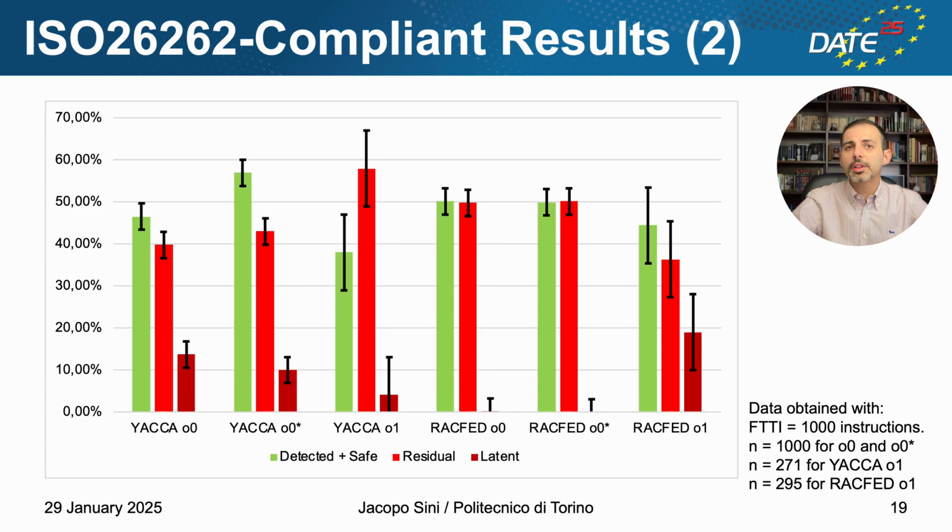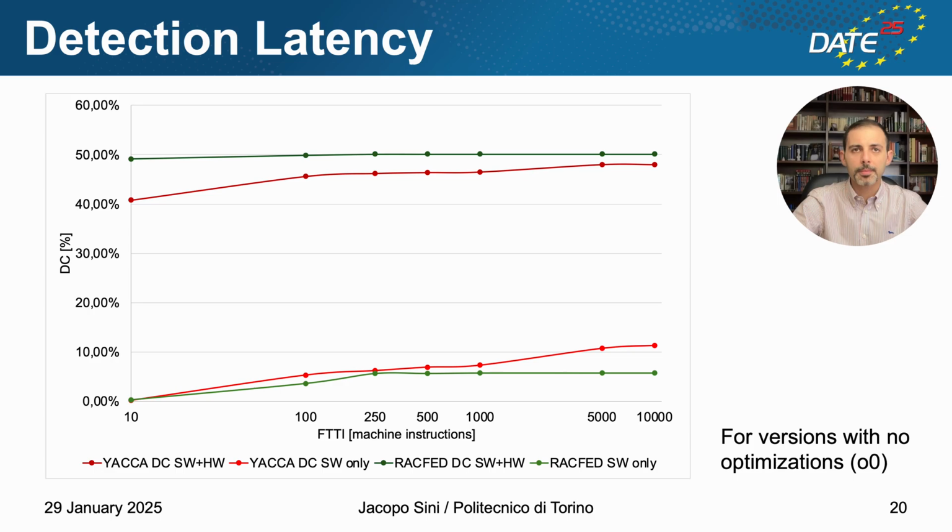In this slide are reported experimental data obtained from the experimental campaign considering an allotted fault tolerance time interval of 1000 instructions. In this graph it is possible to see that we have a diagnostic coverage of about 50%. Since of course this work deals with real-time embedded software, for the version compiled without compiler optimizations, it has also been assessed the diagnostic coverage when different fault tolerance time intervals were considered.